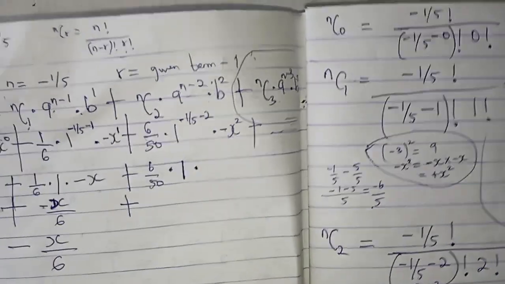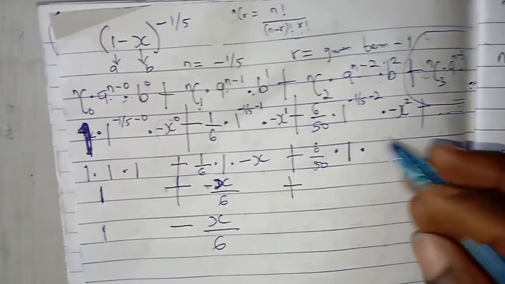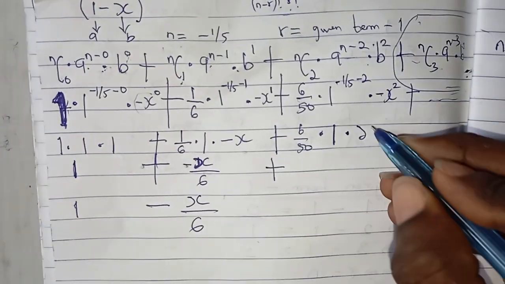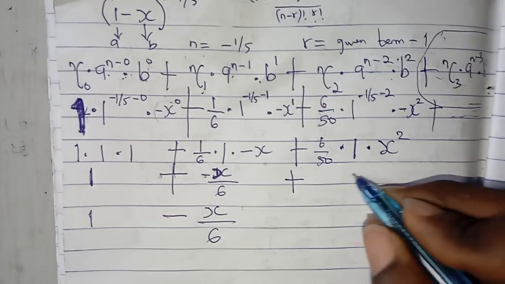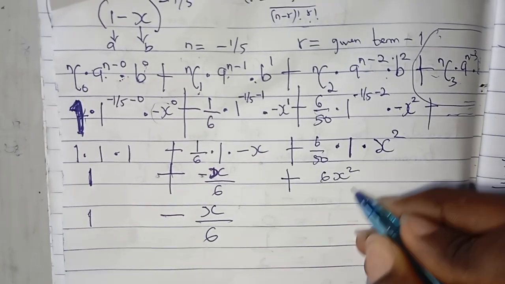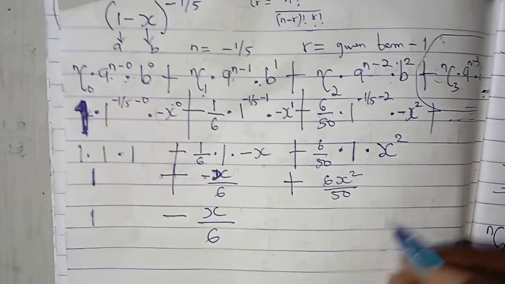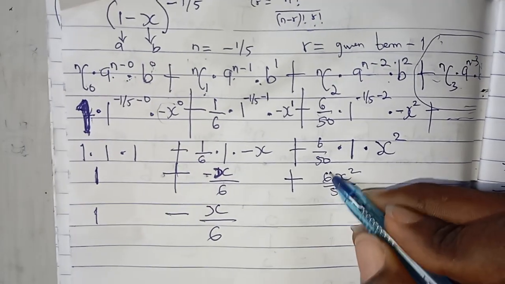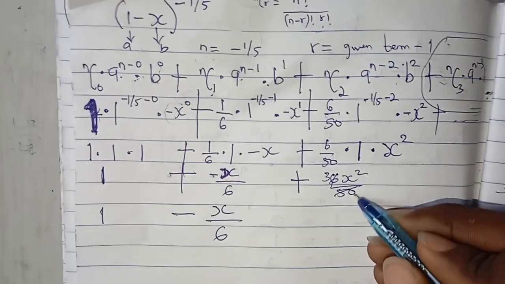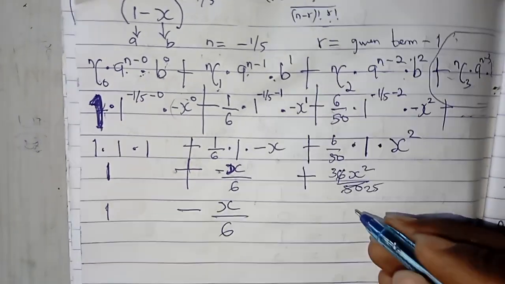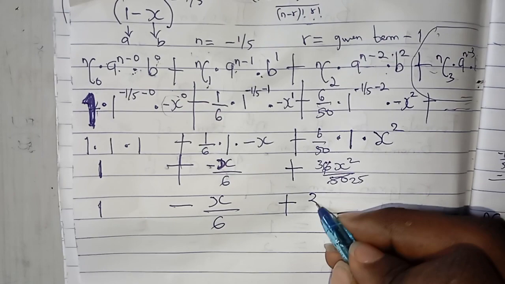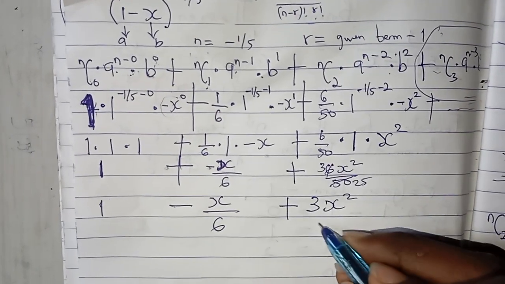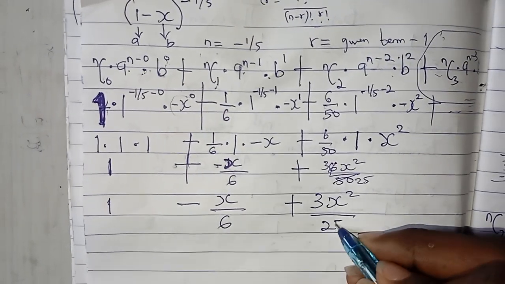So I will simply now have x squared. So when you do this together, you now have 6x squared over 50. Let's check. 2 can go here to give me 3. 2 can go here to give me 25. Are you seeing it? So I have plus 3x squared over 25.